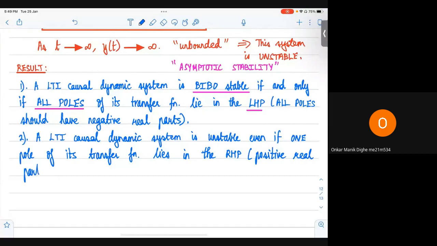Okay, so this is the counter result. Essentially, this is when we call the system unstable.